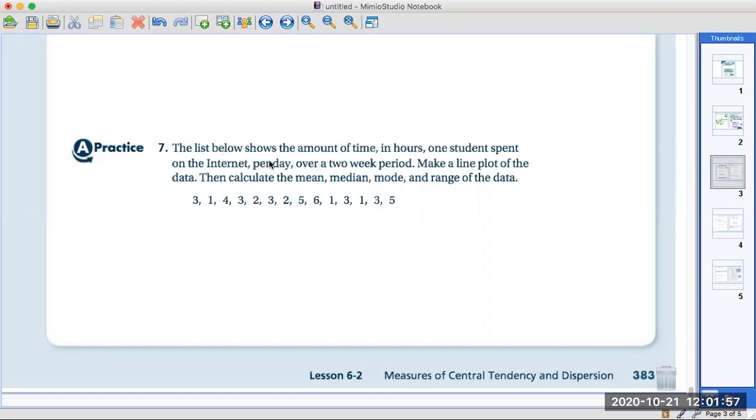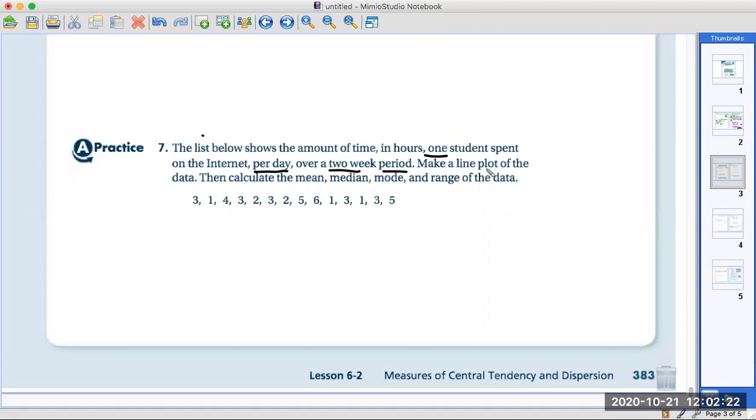So the list below shows the amount of time in hours one student spent on the internet per day. This is why this reading is so important. Day 1, day 2, day 3, 4, all right, over a 2-week period. So there should be 14 numbers because 14 days in 2 weeks, right?